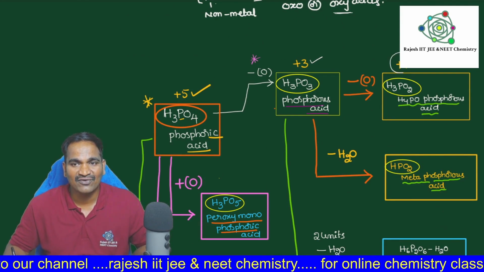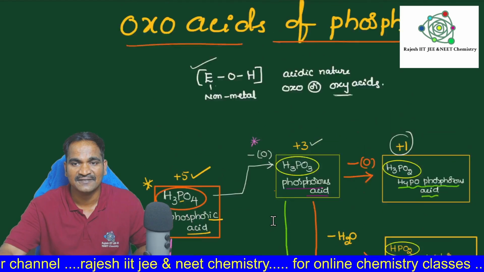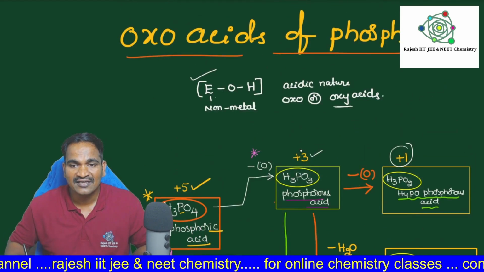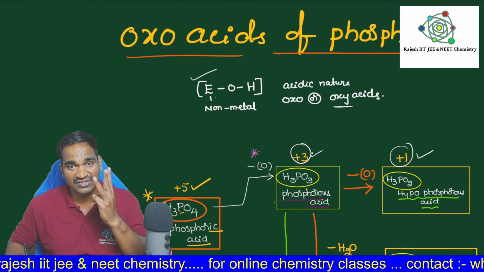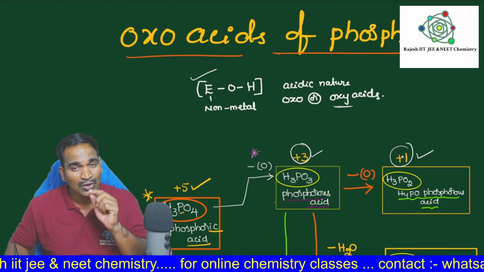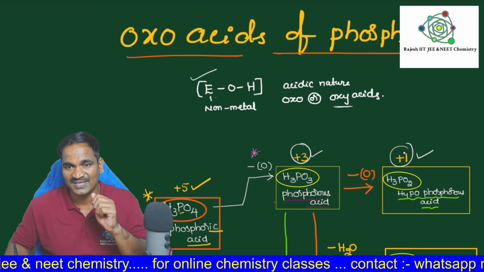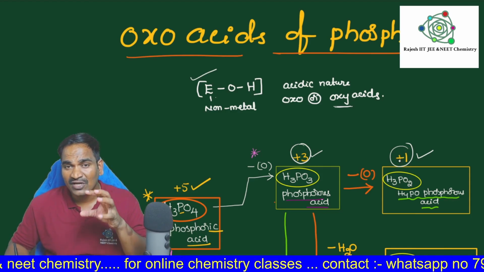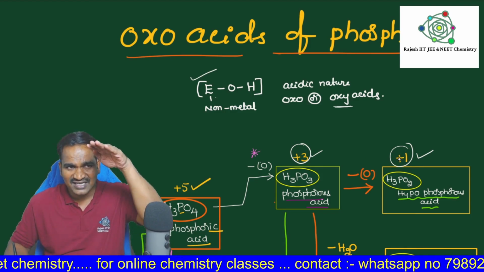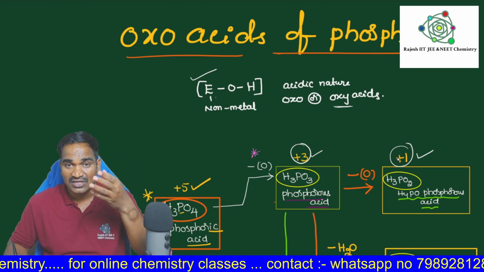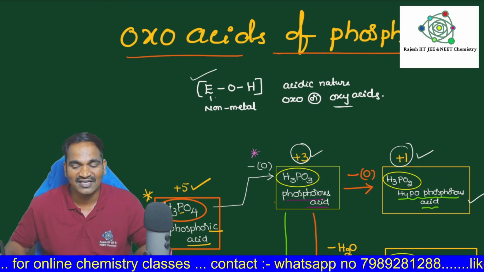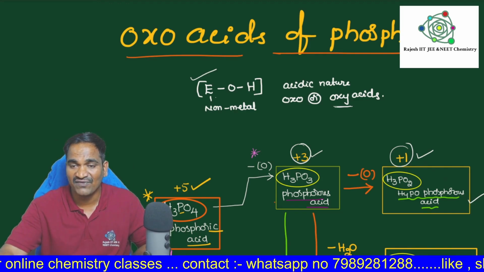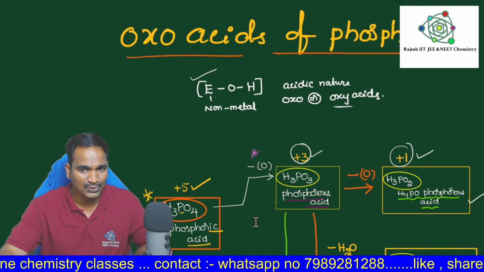And everyone should focus on one important point here. Here it is showing +1 oxidation state. Before it was +3, and it changed to +1 by removing one oxygen. That's what we call the oxidation state being reduced. That's why it is called hypophosphorus acid. Have you got it or not? It is hypophosphorus, its formula H3PO2.